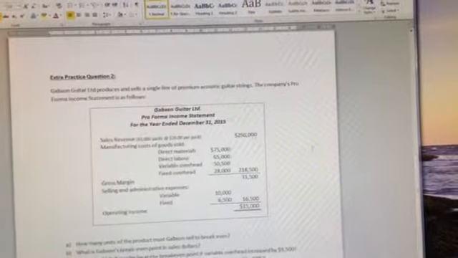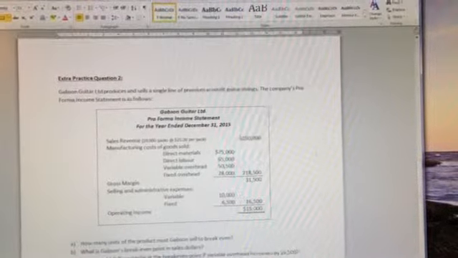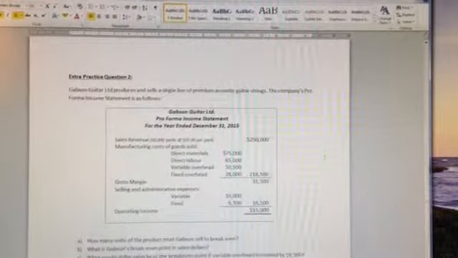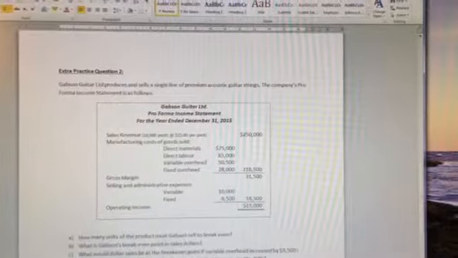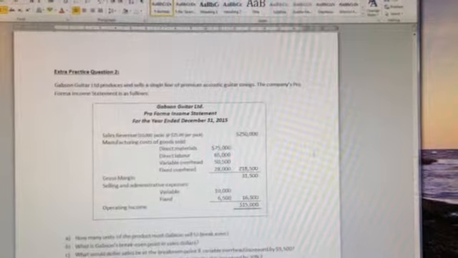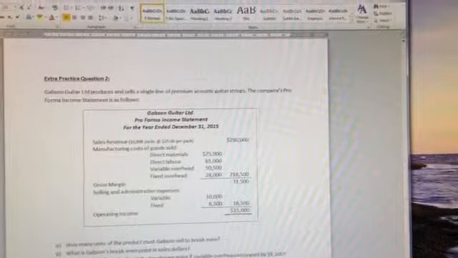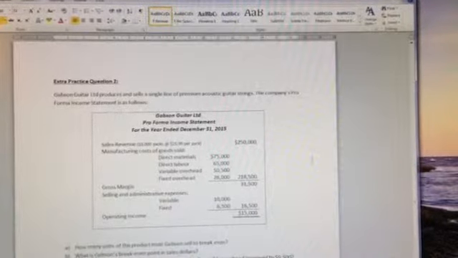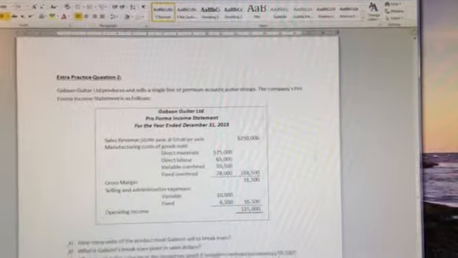Question A asks, how many units of the product must Gabson sell to break even? We see the words break even, a key term, so we know right away that our break even formula will be equal to 0. Let's write out the formula.